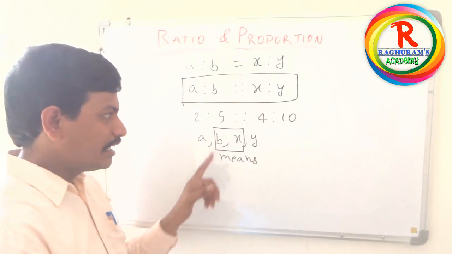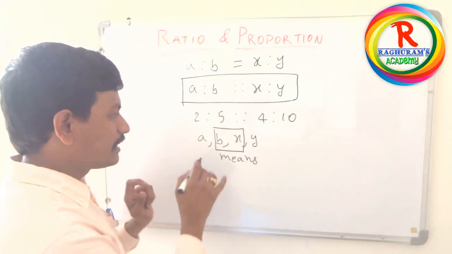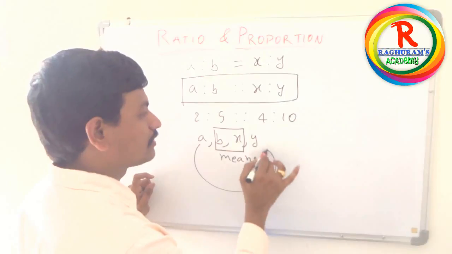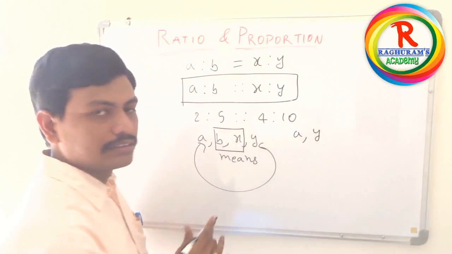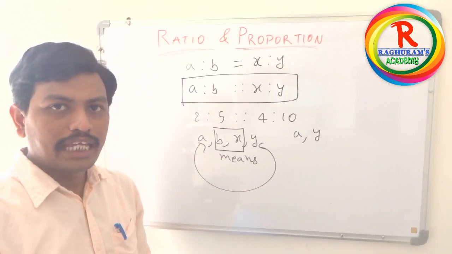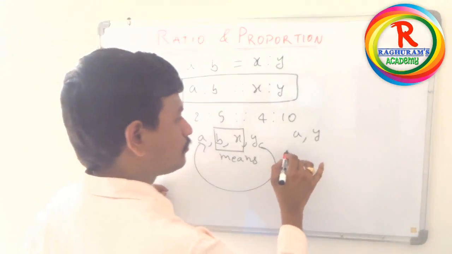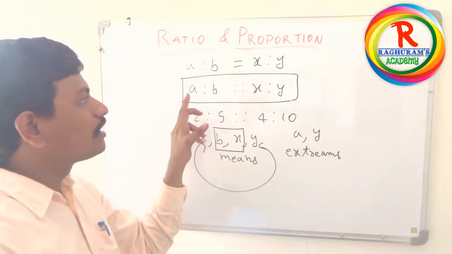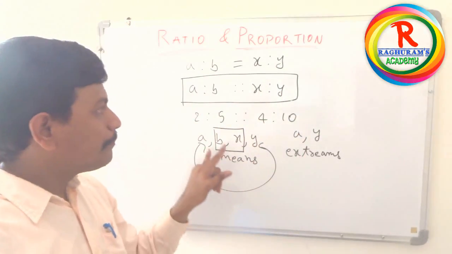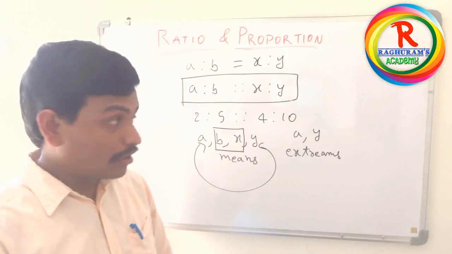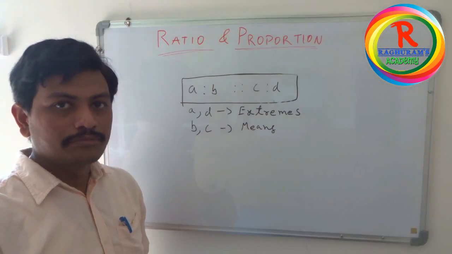Here the middle ones, B and X, are called means. M-E-A-N-S, means. And the first and last, that is A and Y, are called extremes. A and Y, the first term and last term, are called extremes. The middle ones, B and X, are called means.